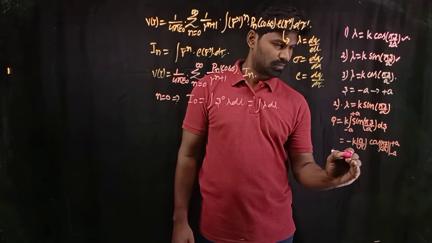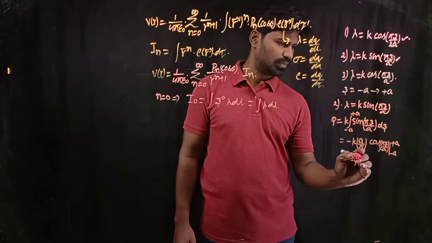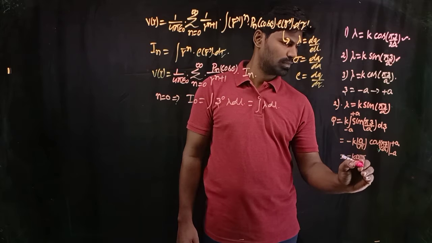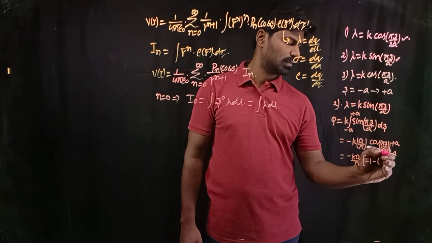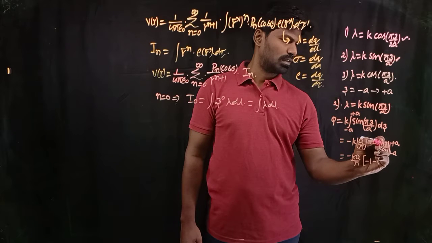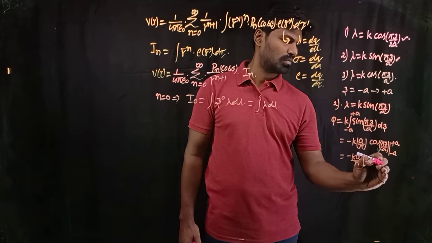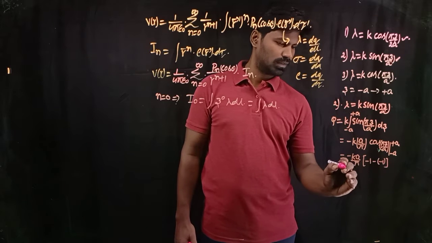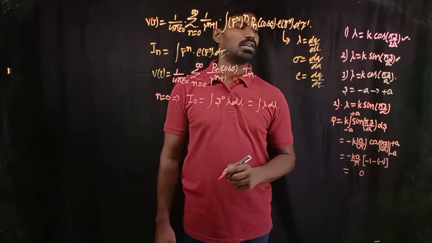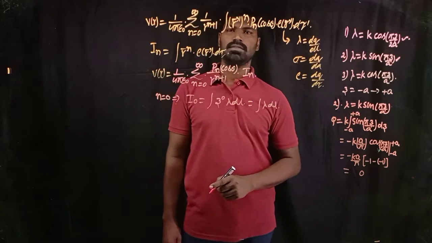If you substitute a, cos pi is minus 1. When we substitute minus a, cos of minus theta is cos theta only, so cos pi is again minus 1. Altogether this integration is 0. So for this second charge configuration, the contribution due to the monopole is 0.